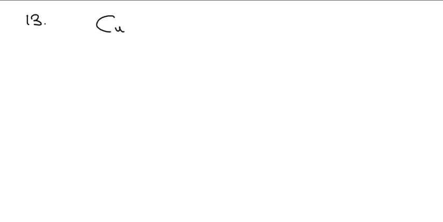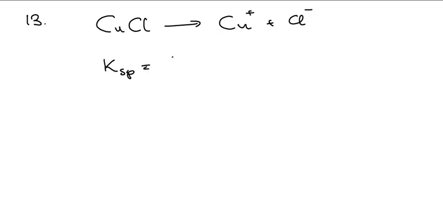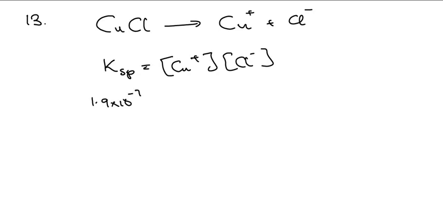Copper chloride dissociates to give us copper 1+, and chloride negative. So the KSP is the concentration of copper plus times chloride negative. The constant KSP given there is 1.9 times 10 to the power negative 7. Then this is equal to, we don't know here.